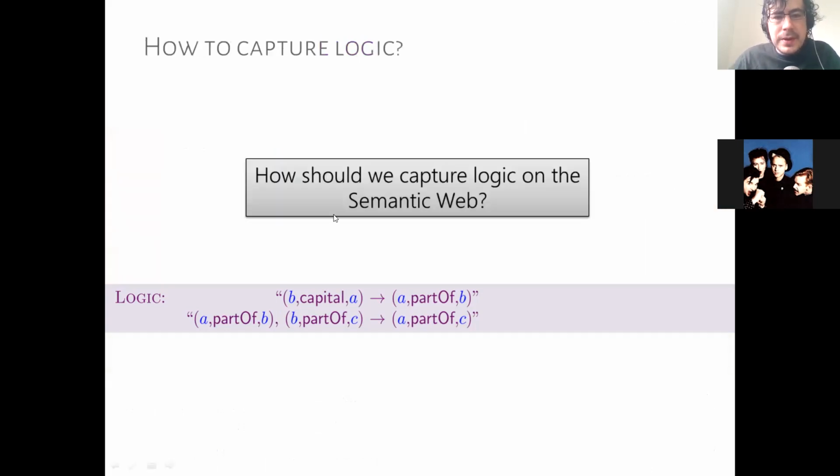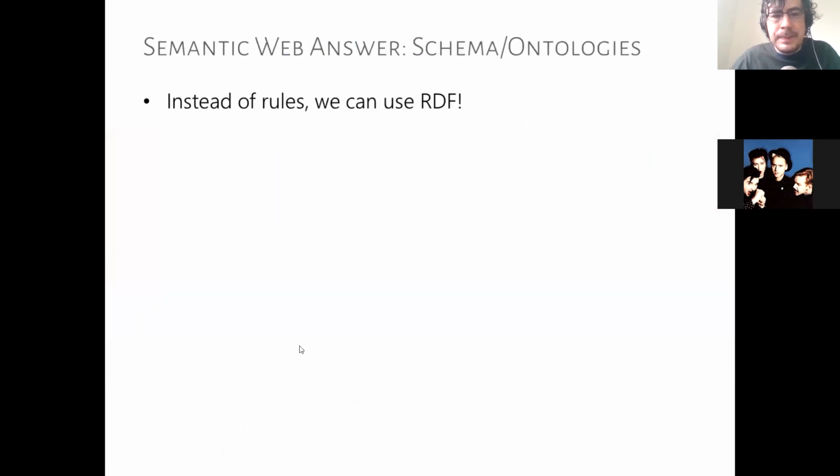So the question is, how should we capture logic on the semantic web? What we'd like to do is to be able to define somehow this logic layer so that we can get these kinds of inferences. For example, if A is part of B and B is part of C, then A is part of C. And that would give us access not just to the data, but to the implicit knowledge that the data imply. So how can we do this?